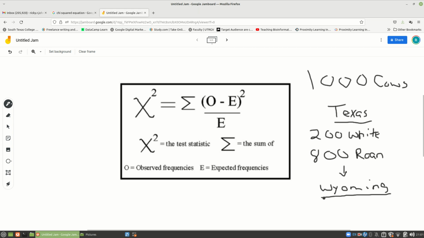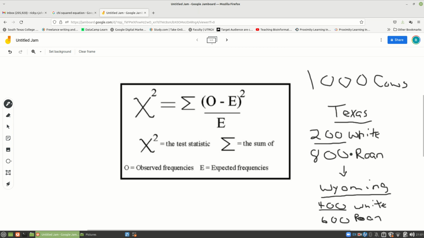And then we retest, and we see that we now have 400 cows that are white, and we have 600 cows that are roan. Wow, that's a big difference. You've doubled the amount of white cows in 3 or 4 generations. You still have 1,000 cows, but you've doubled the number of white cows.